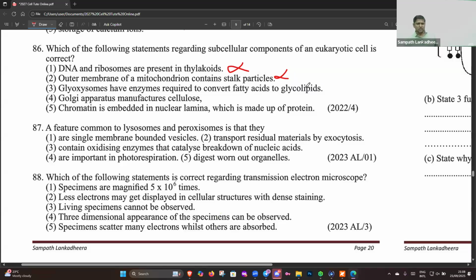We didn't discuss that, did we? We're going to learn it later in the cellular respiration lesson. Glycosomes have enzymes required to convert fatty acids into glycolipids. Wrong, neither. Golgi apparatus manufactures cellulose. No. Chromatin is embedded in the nuclear lamina. Right, we'll take the fourth one as the answer.